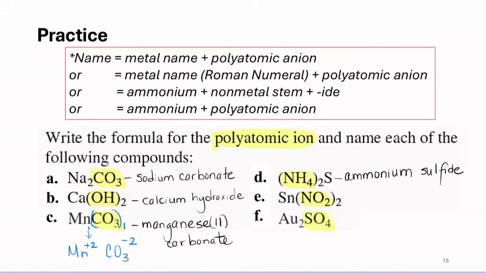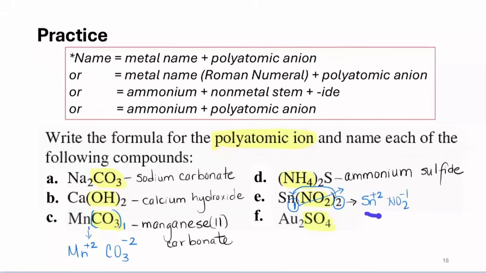Here, I must determine that this 2 outside of the parentheses used to be the charge of the tin. The tin doesn't have a number, but there's a 1 that is there, but it was omitted. And this 1 used to be the charge of NO2. So if I write the ions, I have Sn plus 2, NO2 minus 1.